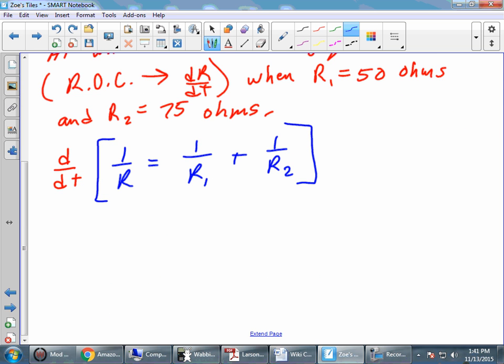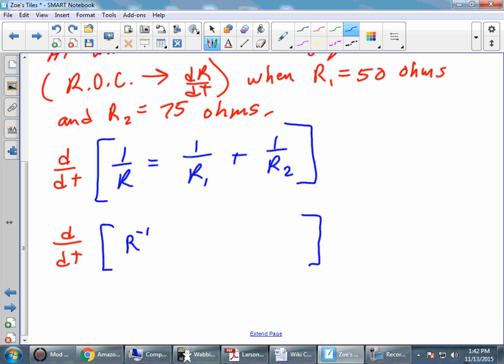What is that going to look like? First, to make it easier, let's give this a makeover. How should we rewrite instead of 1 over R? Some of you probably have it memorized by now, but if you don't, it's okay. Tucker, how would you write this without fractions? I can invert them.